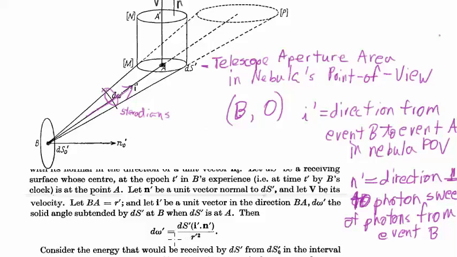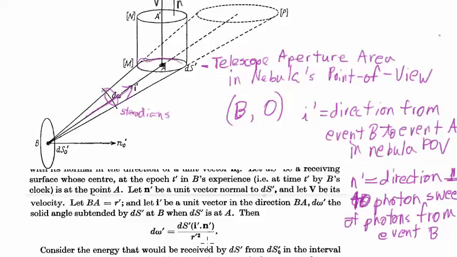And d omega prime is equal to the dot product of I prime and n prime times the surface, that ds prime, the surface of the photon sweep, divided by r prime squared, and r prime is this distance here.